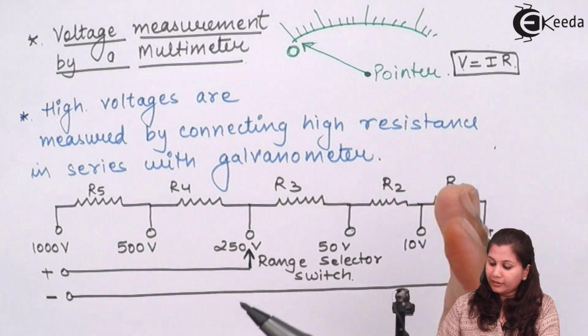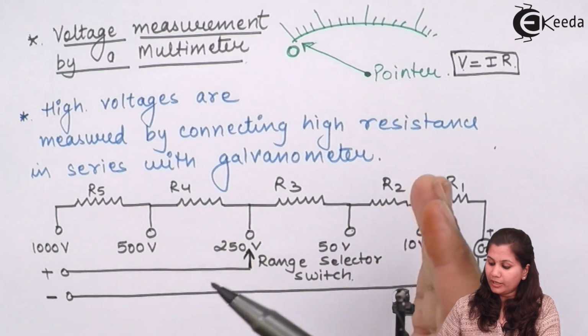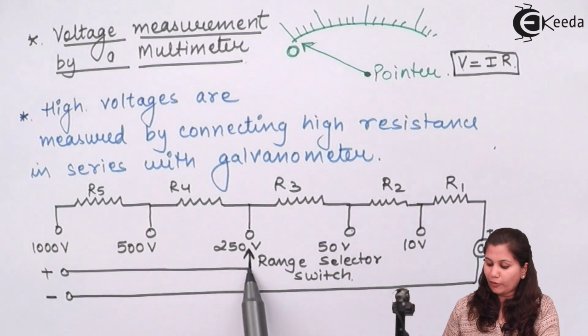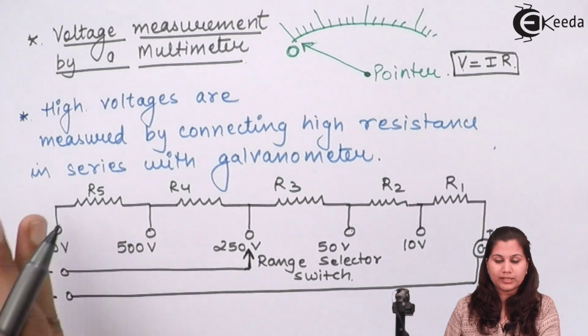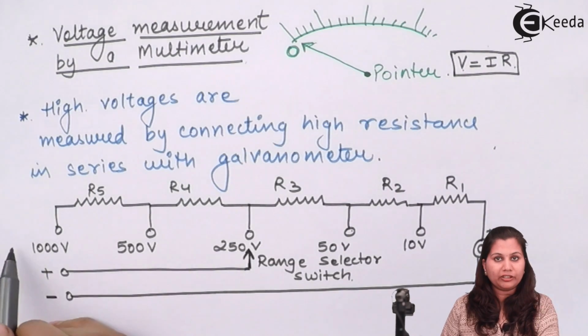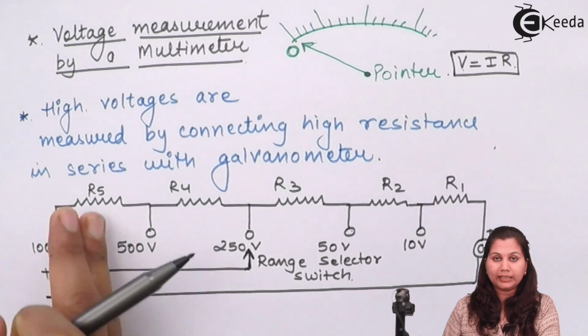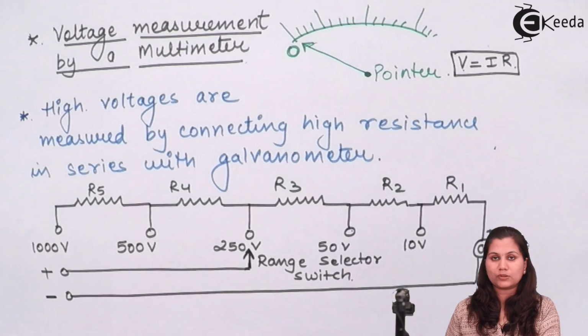In this way, according to how much range of voltage we want to measure, we vary the position of this switch. For more than 500 and less than 1000 volts, it will be in between. So according to the range of the voltages measured, the switch position is changed.